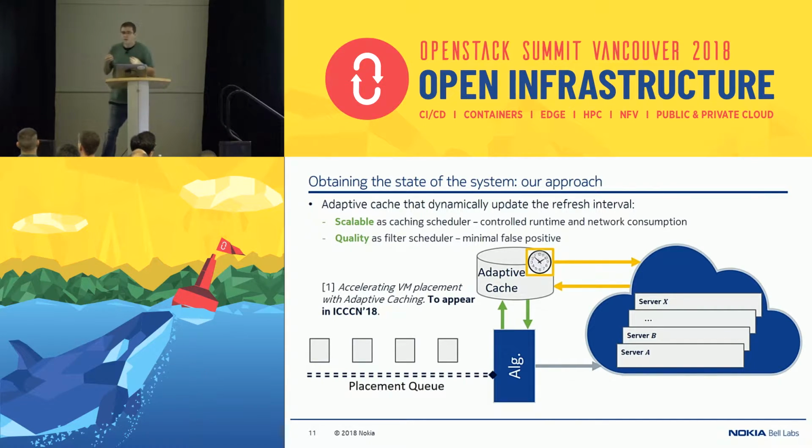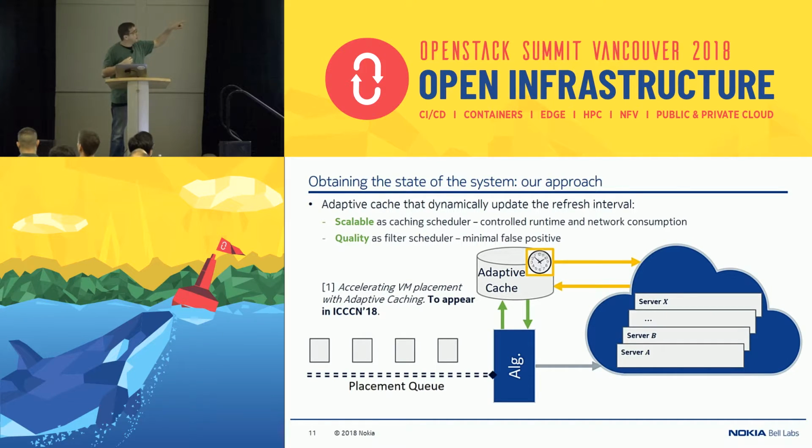You don't need to implement a full-blown system that will monitor the current state of the system. You can do it very simply, just by having an adaptive refresh rate cache. And I will prove to you in the following experiment that it has the scalability of the caching scheduler, the one which was deprecated in OpenStack.